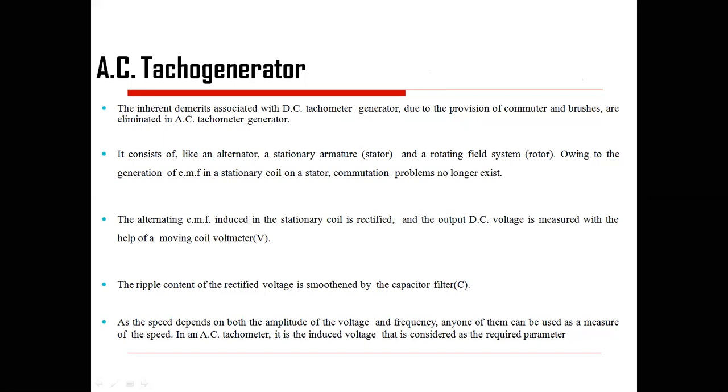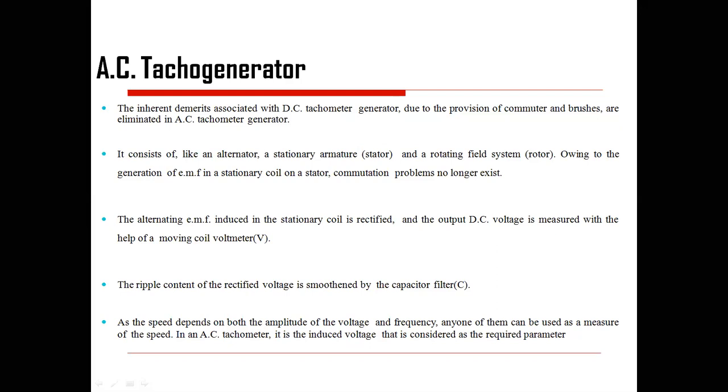Speed depends upon both the amplitude of the voltage and the frequency. So on one axis you can measure amplitude, and on another axis you can measure frequency. Any one of them can be used. Either the voltage amplitude or the frequency can be used as a measure of the speed.